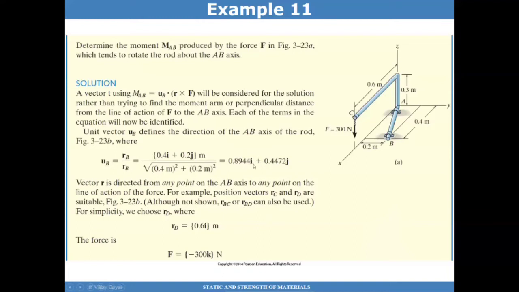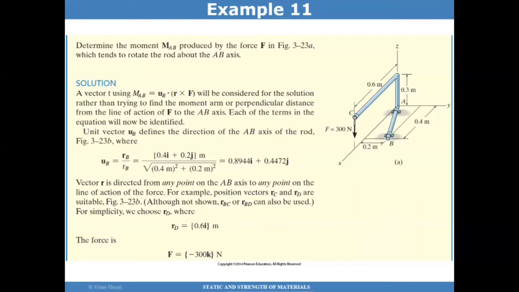Once I have the unit vector, now I want to find a vector R, which can be directed anywhere from A to B. So I can draw a position vector from A to C, or from B to C. It doesn't really matter where you pick that point.